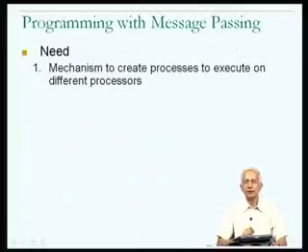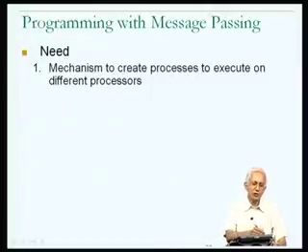Therefore, we suspect that what is needed in order to do parallel programming with message passing is, first of all, some kind of a mechanism to create processes to execute on different processors. We have not talked about this before, but if I have a system in which there are 1,000 processors and I want to run a parallel program which runs as one process on each processor, it may not be convenient for me to initiate the execution of the program on each of those 1,000 processors, because for me to type a.out on each of them is going to take a fairly large amount of time.